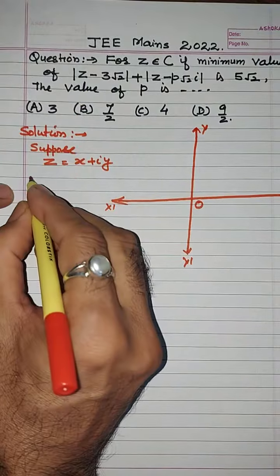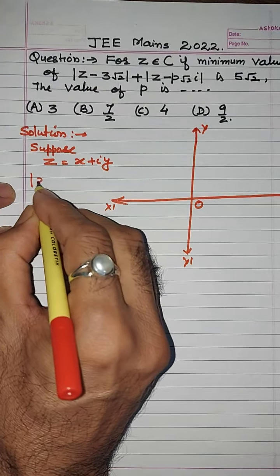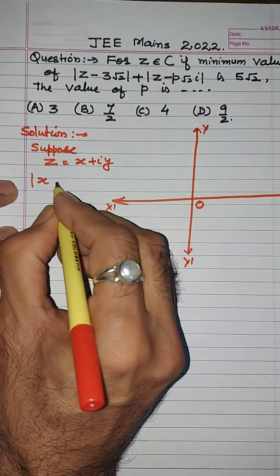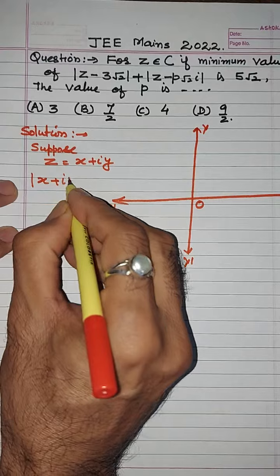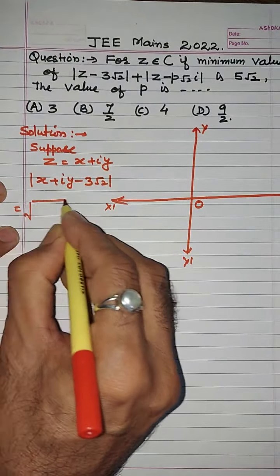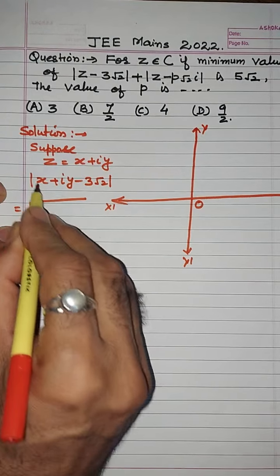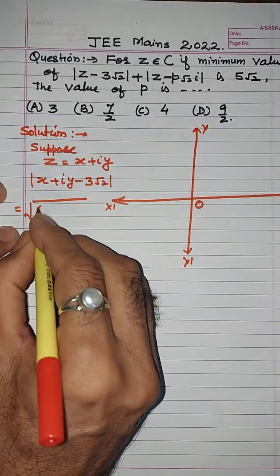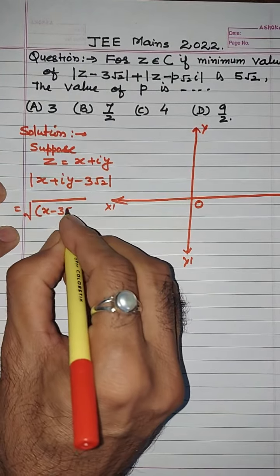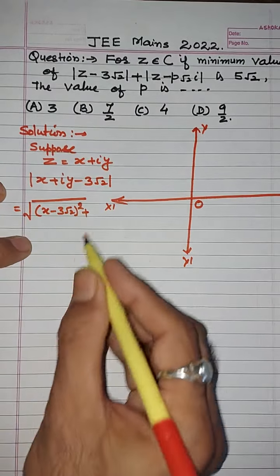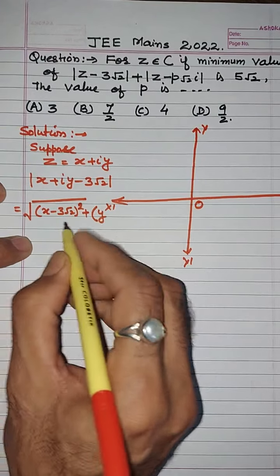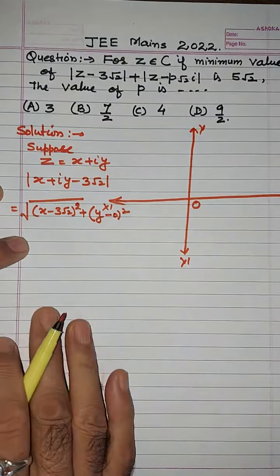So if we see the modulus of z minus 3 root 2, that is x plus iota y minus 3 root 2, it is the square root of the real part, x minus 3 root 2 whole square, plus the imaginary part, y, so y minus 0 whole square.